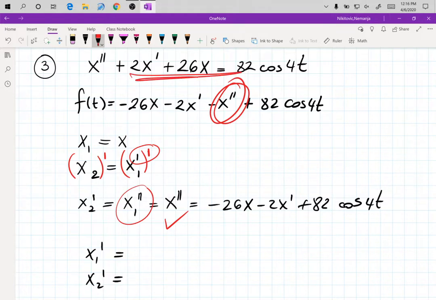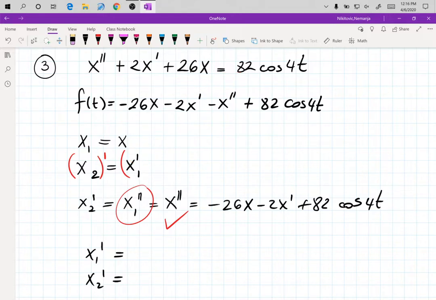Just take this and push it to the other side. It's a little bit convoluted, but rewind the video a few times and you'll get it. Even if it was rocket science, you sit down and learn it. So what's x1 prime equal to? It's equal to x2. And what is x2 prime equal to? Well, we already have it written here.